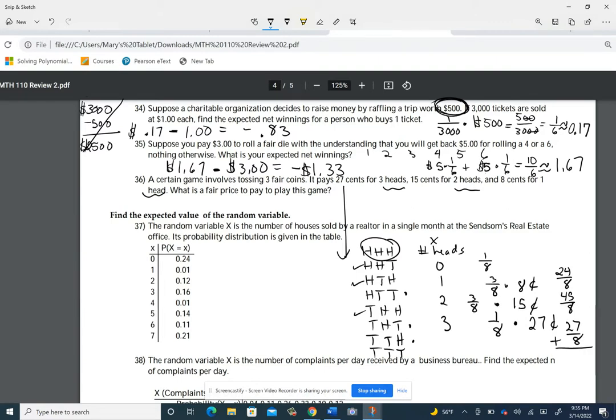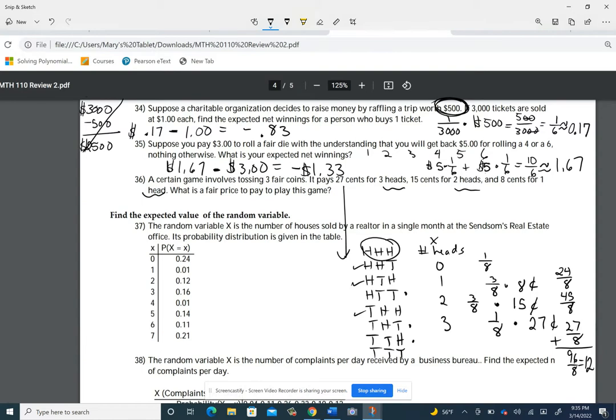I need to add all those up. So I get 24, 27 would be 51, that would be 96 eighths, which turns out to be 12. So the expected payout would be 12.